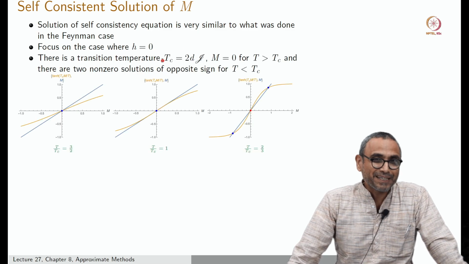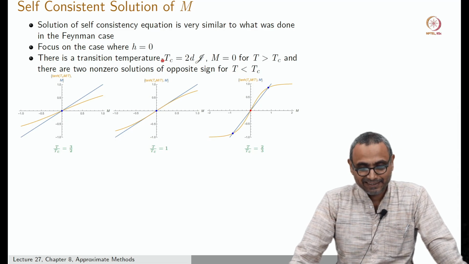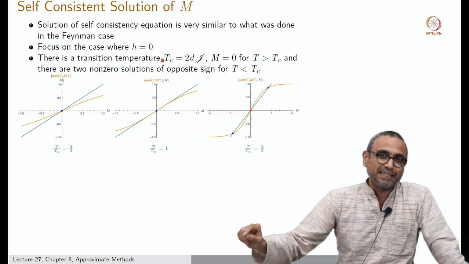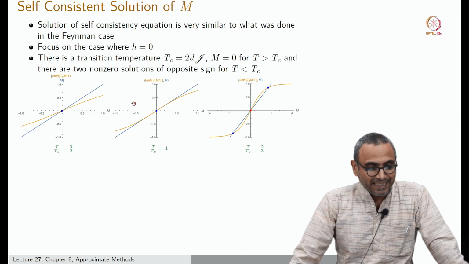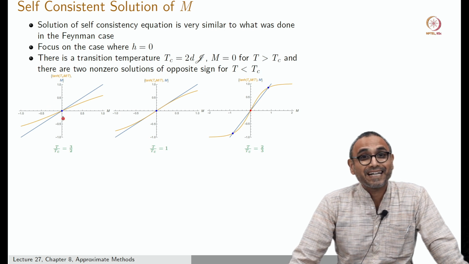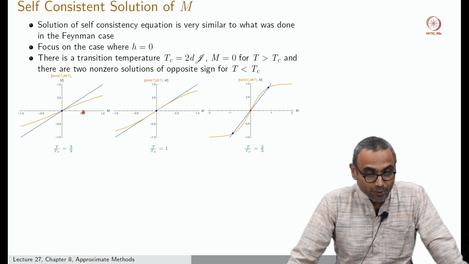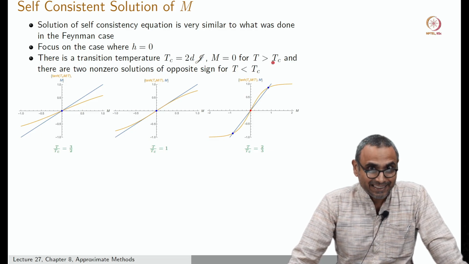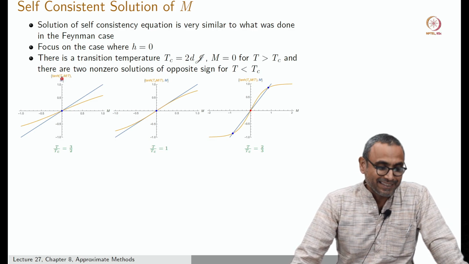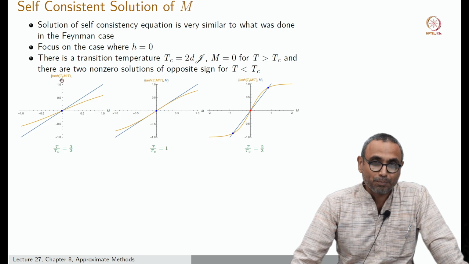So what do you mean by saying that it will determine Tc? If I try to solve that equation m is equal to tanh of blah blah, then I will find that there is no solution other than m equal to 0 when T is greater than Tc. So the slope of this tanh curve will be less than 1 when T is greater than Tc. You can see that the slope is inversely proportional to the temperature.